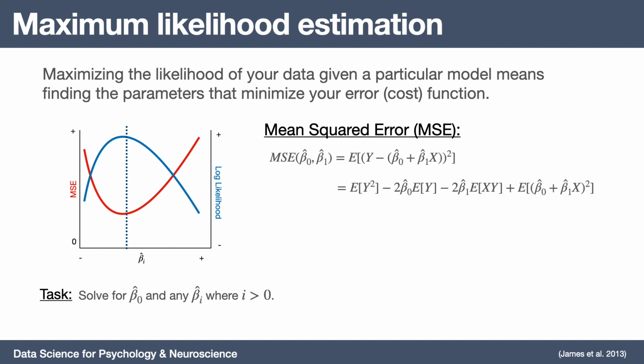We can expand this out as being the expectation of y squared, minus 2 times beta naught, the intercept term, times the mean of y, minus 2 times beta hat 1 times the expectation of x times y, or the mean of x times y together, plus the expectation, or the mean, of your fit model squared. So the expectation of beta naught plus beta 1 x squared.